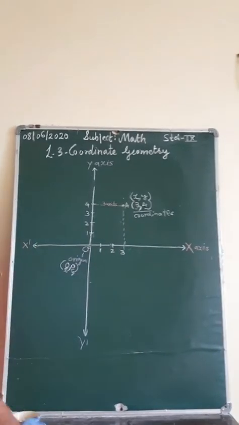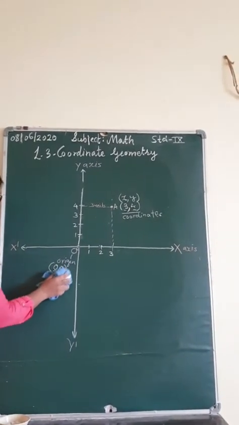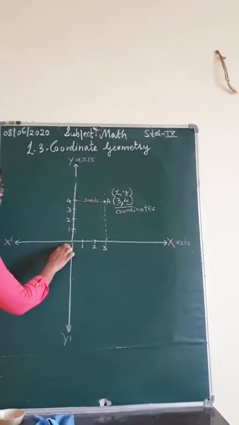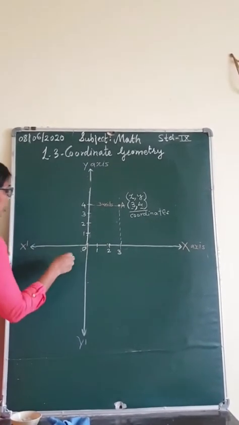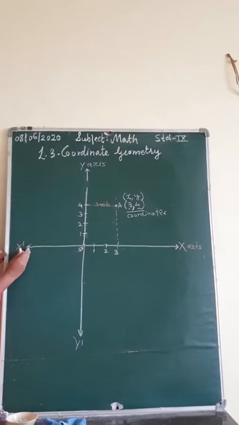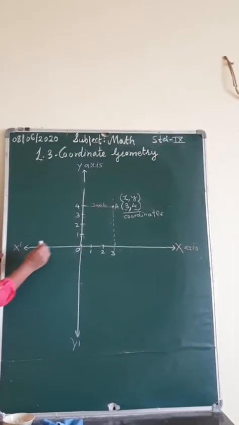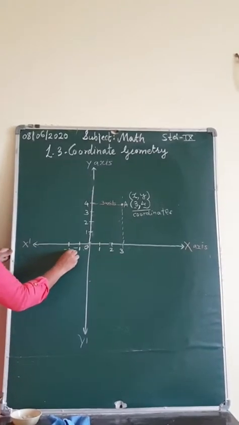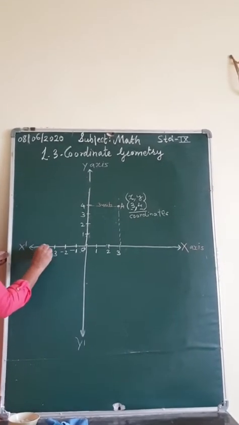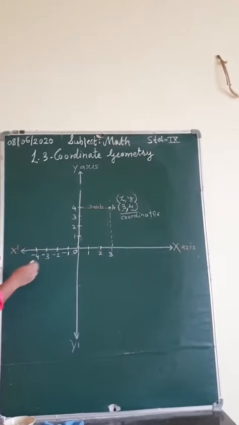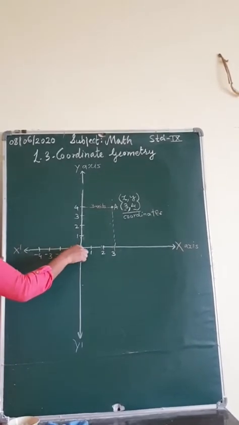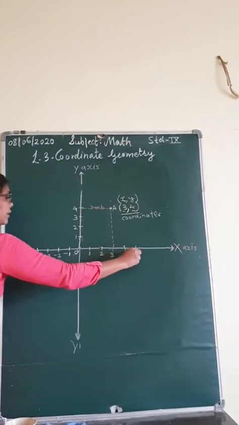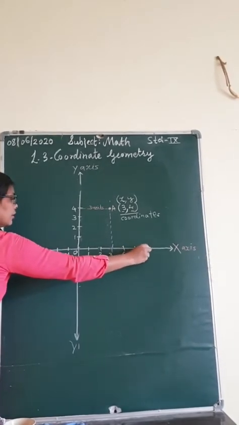Let's describe this plane further. Now this point you know is called O. If you number the other side of O, left of O horizontally, -1, -2, -3, -4. As you know from the number line, right of 0 is positive and left of 0 is negative.